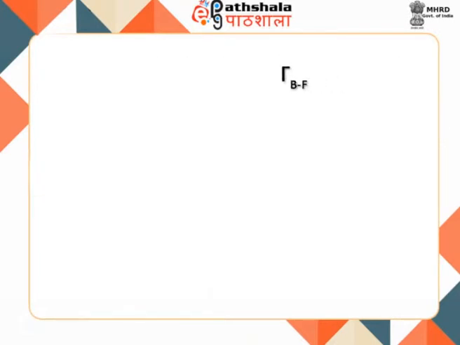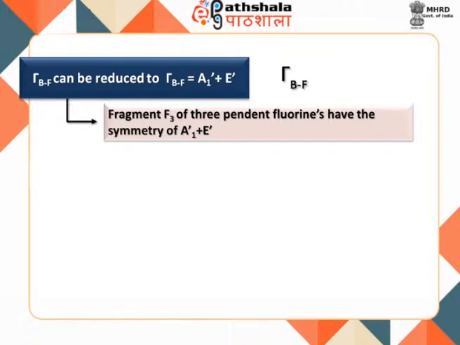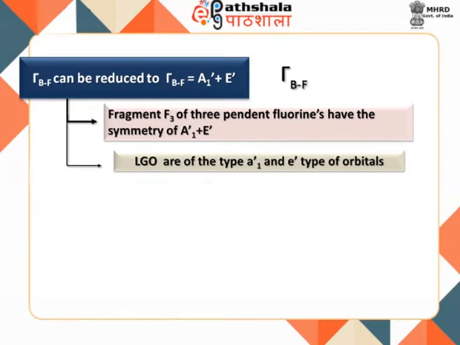Now, tau BF can be reduced to A1 dash plus E dash. It means that the fragment F3 of three pendant fluorines has the symmetry of A1 dash plus E dash. Thus, these ligand group orbitals are of A1 dash and E dash type.